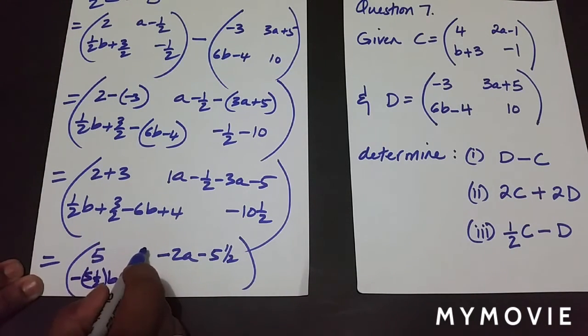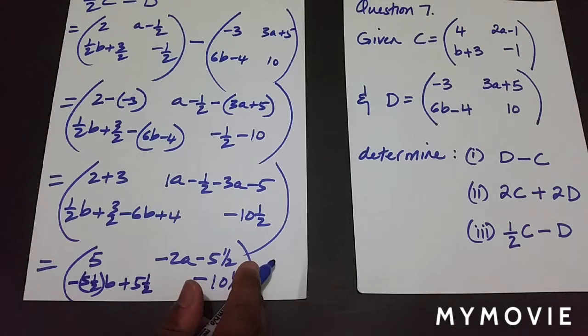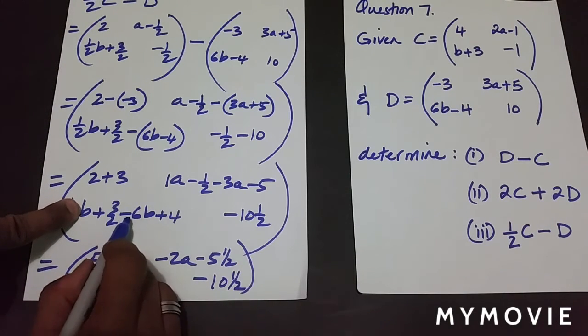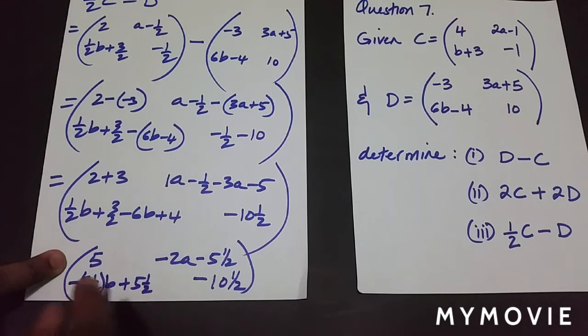And 3 over 2, which is 1.5 plus 5 is 5.5. 5.5 minus 10.5. So again, if it was 1b minus 6b, that would give you negative 5b. But seeing that it is a half, b must be negative 5.5.